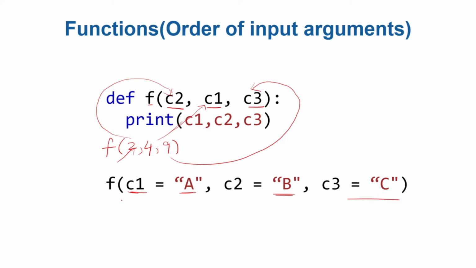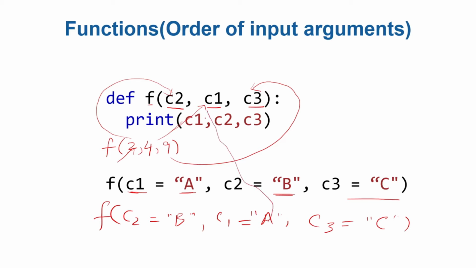order free. Now you change whatever, for example if you call this way, c2 is b, c1 is a. Now no matter in what order you have called these, this c1 is going to be copied in c1, this c2 is going to be copied in c2, and this c3 is going to be copied in c3.